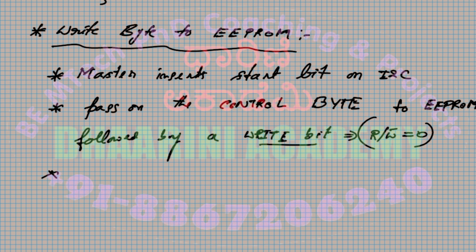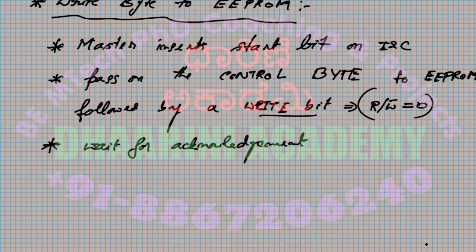Once you do that, you wait for the acknowledgement. Now if the master does not receive the acknowledgement from the EEPROM, it keeps on sending the control byte. So let's write that.